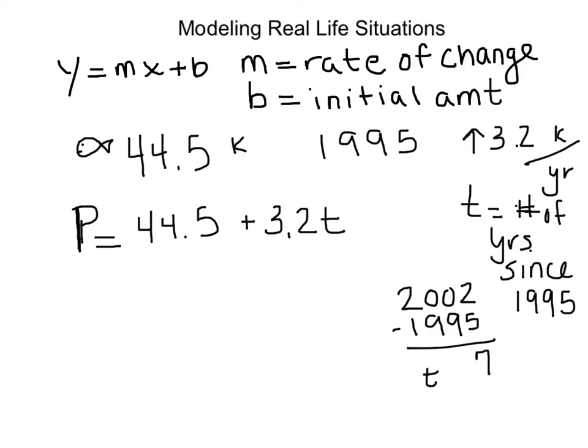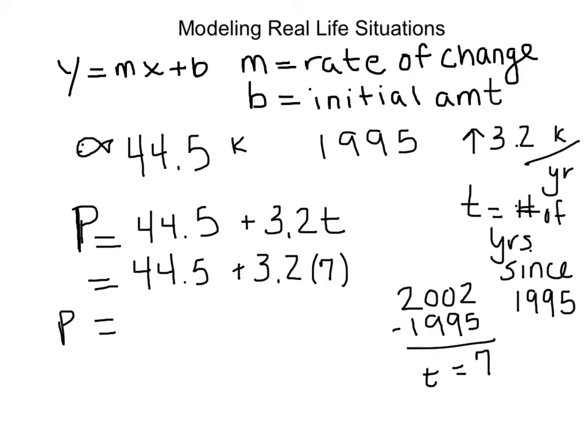That's what t equals. t equals 7. So if I sub that in, I end up with about 66.9 thousand trout.